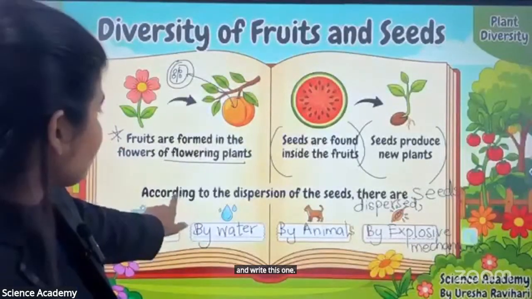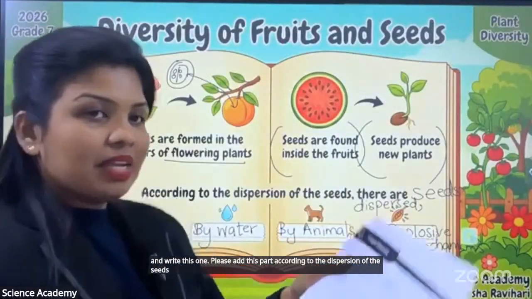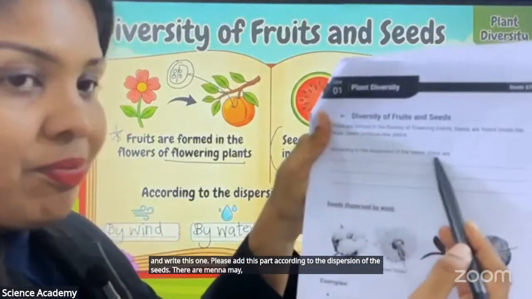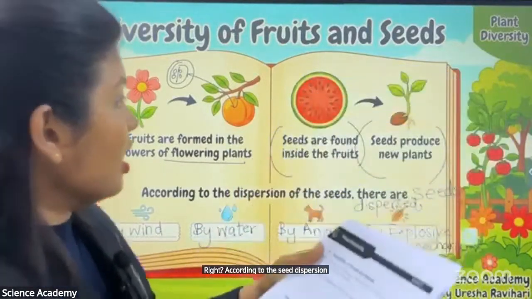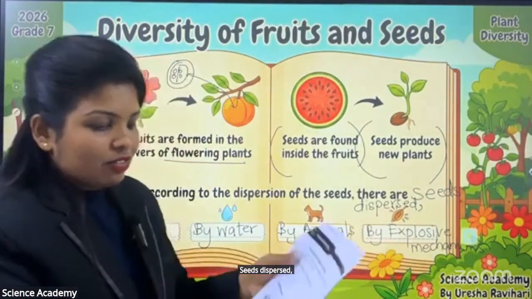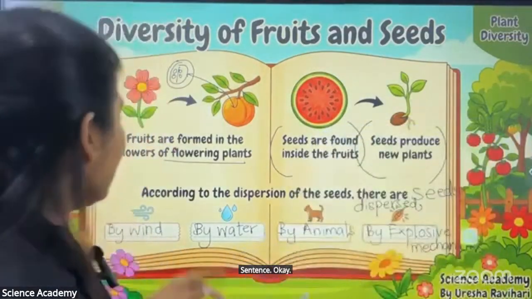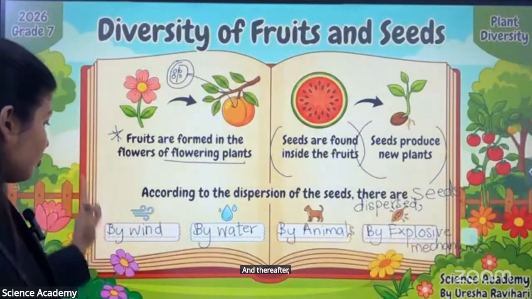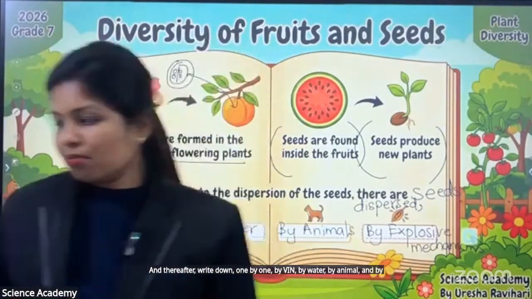Please add this part, according to the dispersion of the seeds. There are, මෙන්න මේ මෙතන තියෙන කොටසට, right? According to the seed dispersion, there are seeds dispersed part should be added for this sentence. Okay. And thereafter write down one, by wind, by water, by animal, and by explosive mechanisms.